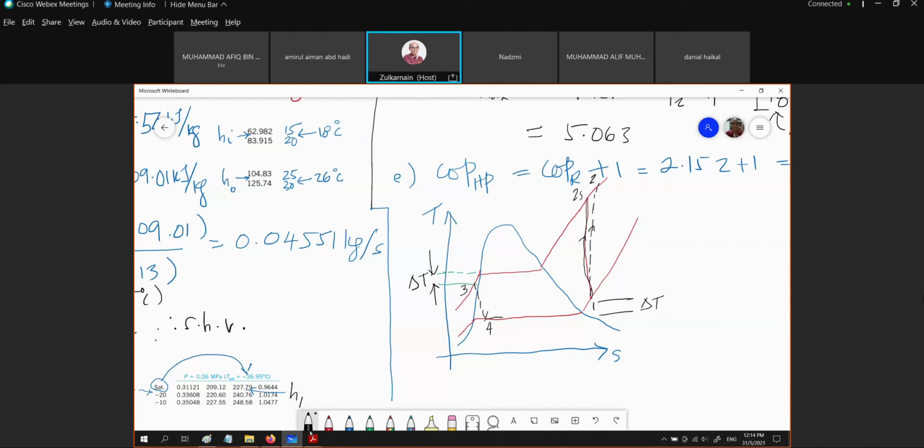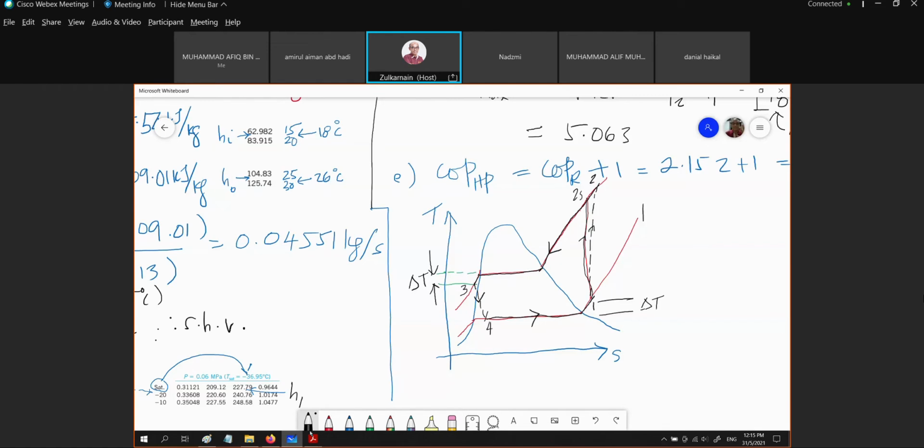Okay, this is degree of subcool. This is degree of superheat. Jadi this is our process. This is at the condenser. Okay. So you need to label all the temperature involved and the pressure involved.